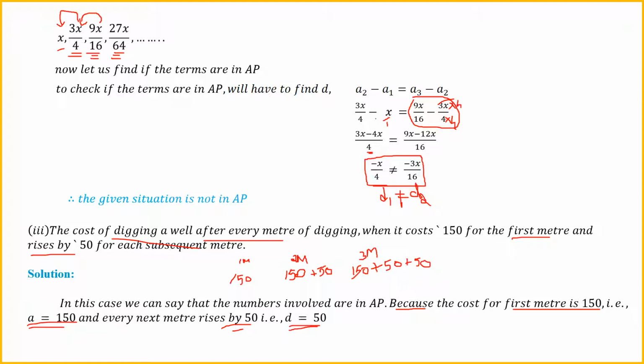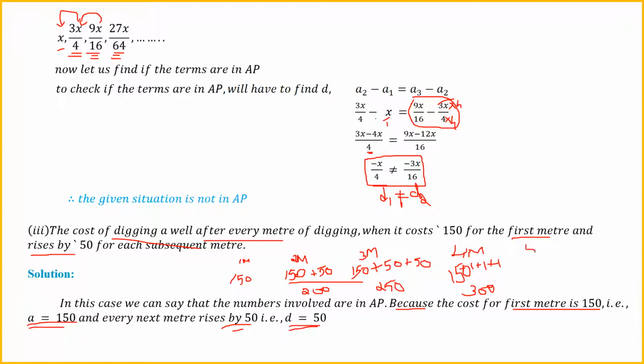Obviously you understood. If it's 4 meters, then he will be paying 150 plus 50 plus 50 plus 50. Am I right? I make it 150 here. So here this forms 200, and this is 250, and here it's gonna be 300.